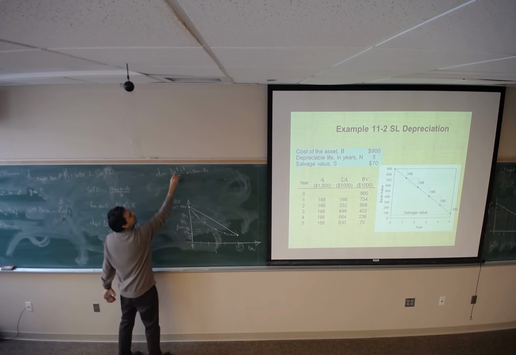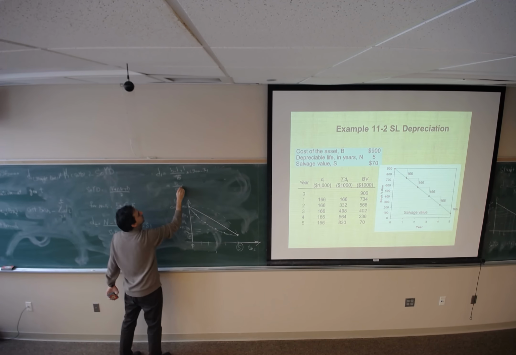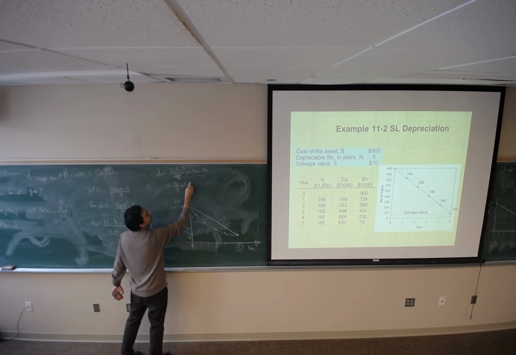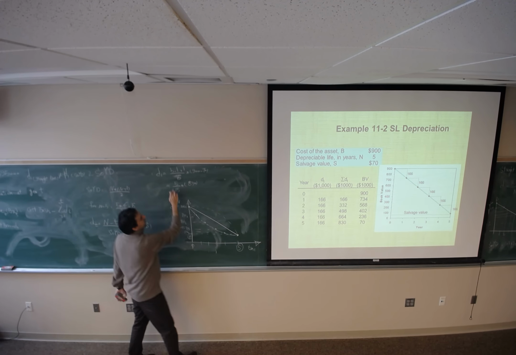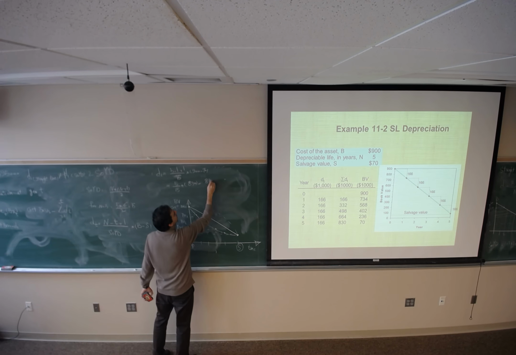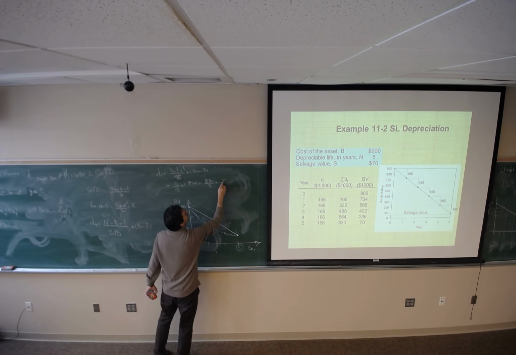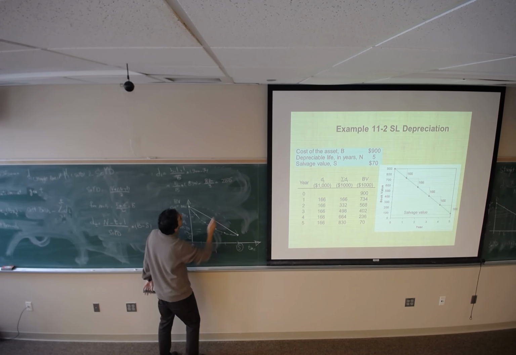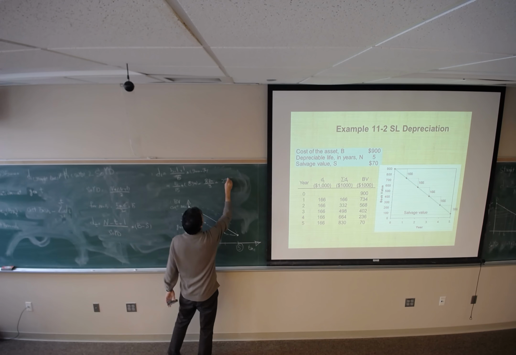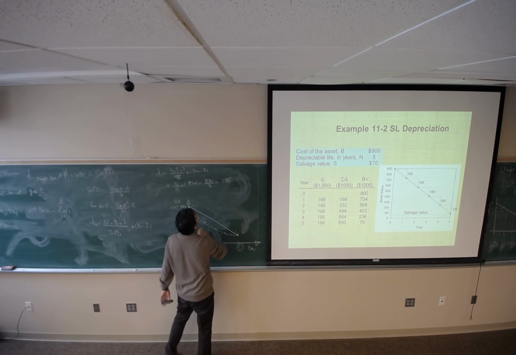You can cancel this out: 5 dividing by 15 times 830, which is about $276.